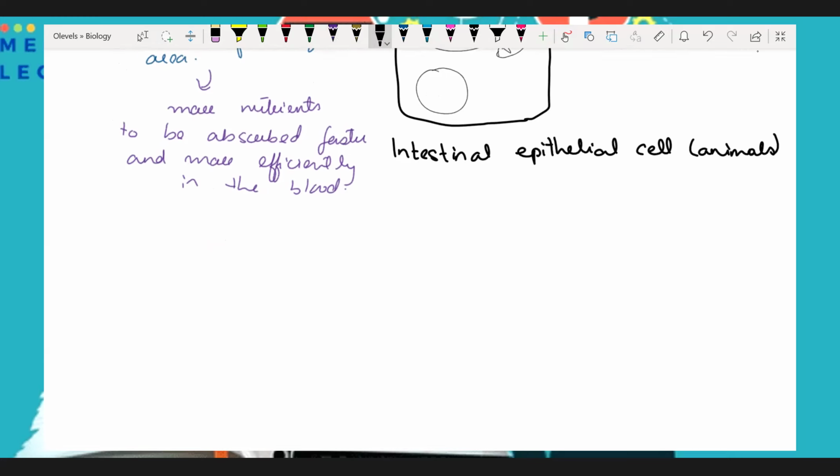Now, that was one point, right? We have just studied one factor that influences diffusion, that was surface area to volume ratio. Now we have to understand the other factor, that is distance.